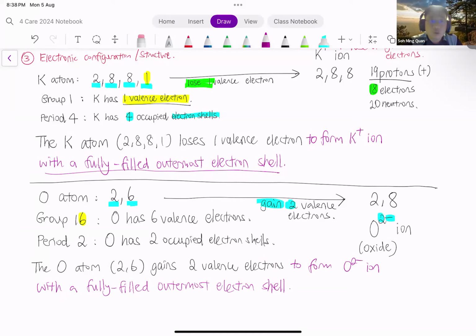Right? So up to this stage, you have already addressed how the ions are formed, and why they form the ions.